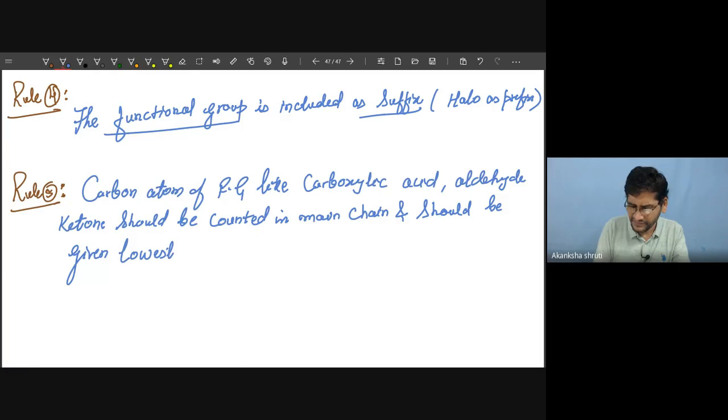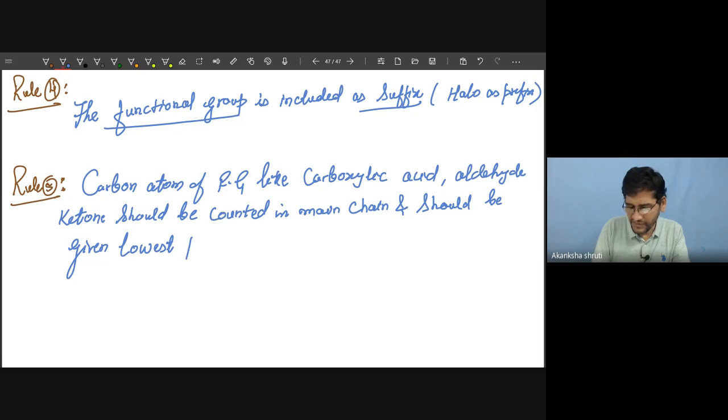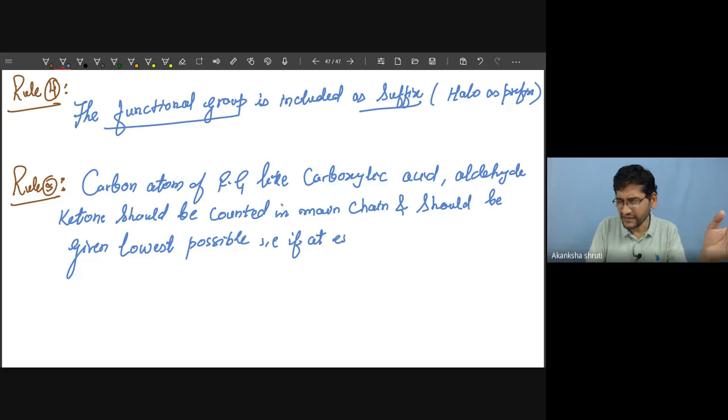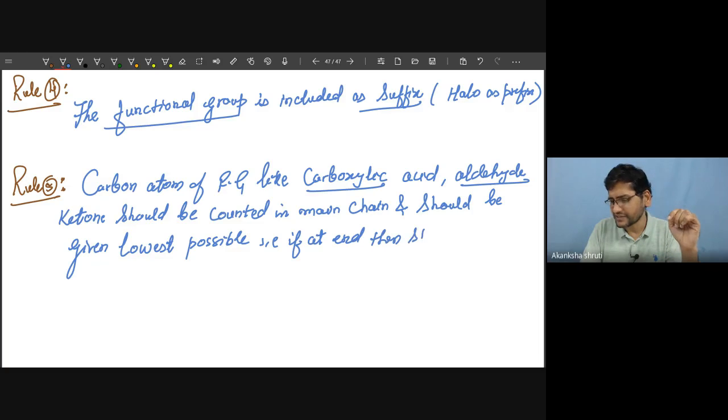If it is at the end, then you must start with 1. What the end could be? It could be the carboxylic acid and aldehyde. They are always at the end because they have only one valence which is open at the end. Then start with it. It is the last rule up to your level. These 5 are enough for you.